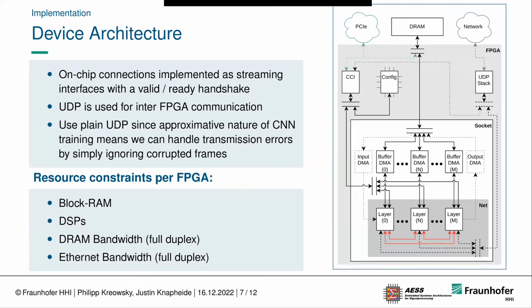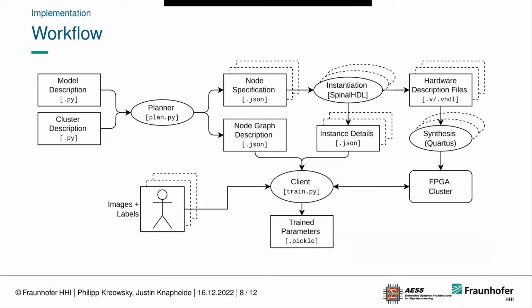All right, so the implementation workflow is structured in 4 parts as follows. We enter a model description in a functional way, let's say in PyTorch, and a cluster description. The cluster description basically comprises the numbers we've seen in the slide before.